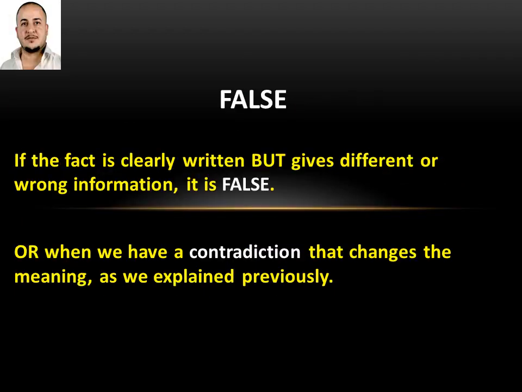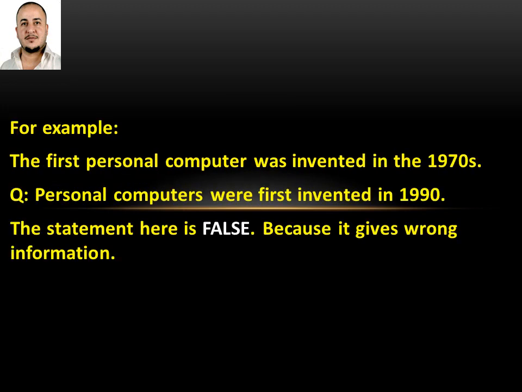False. If the fact is clearly written but gives different or wrong information, it is false. Or when we have a contradiction that changes the meaning, as we have just explained. For example, the first personal computer was invented in the 1970s. That is the sentence of the passage, while the statement of the question says personal computers were first invented in 1990.